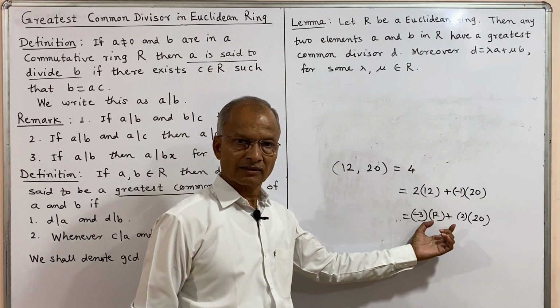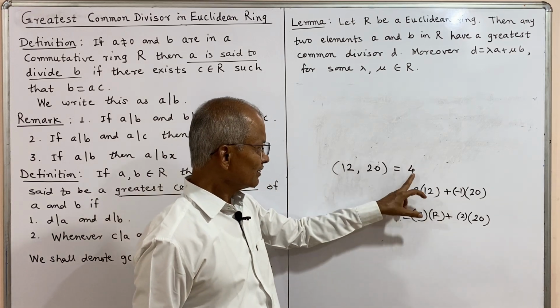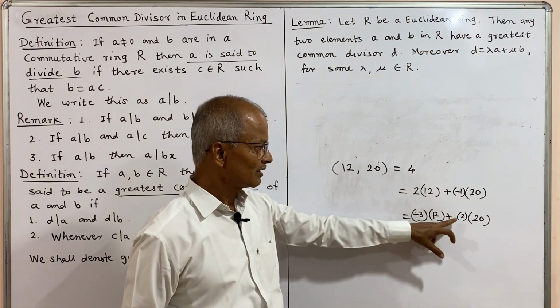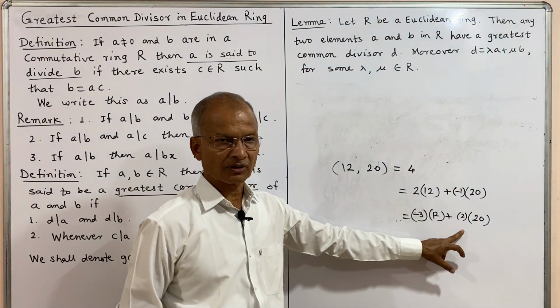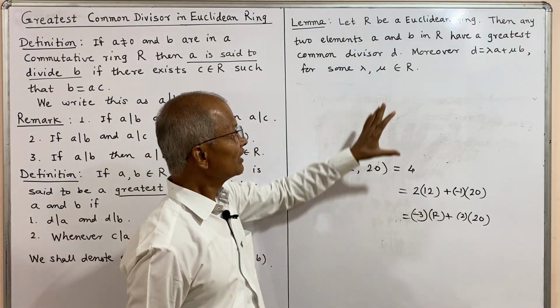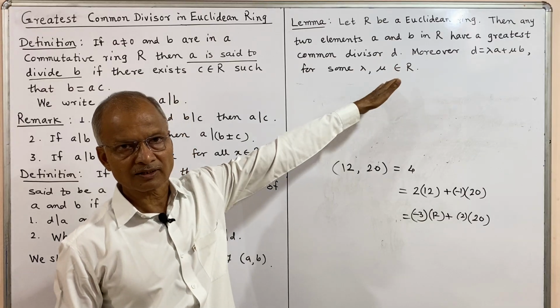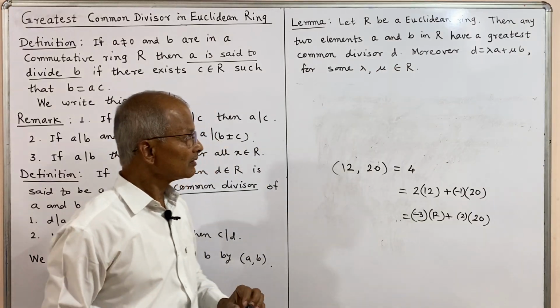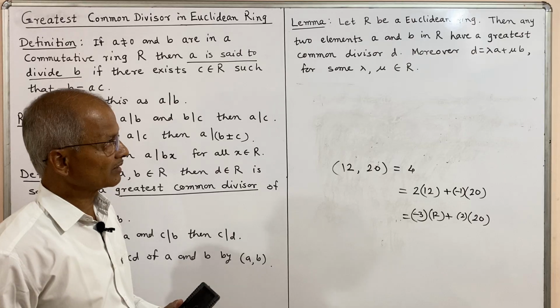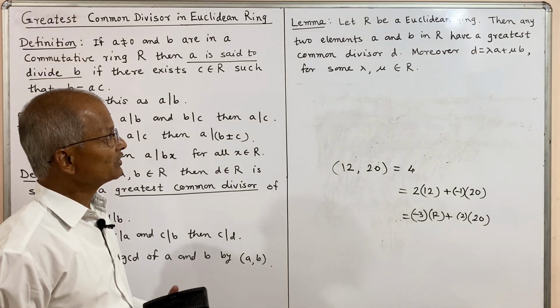So again the result is 4, and the greatest common divisor is written as a combination of these integers, again 12 and 20. That is the meaning of this lemma. Also we have studied this type of result in integers, that is in number theory. Now we shall prove it.